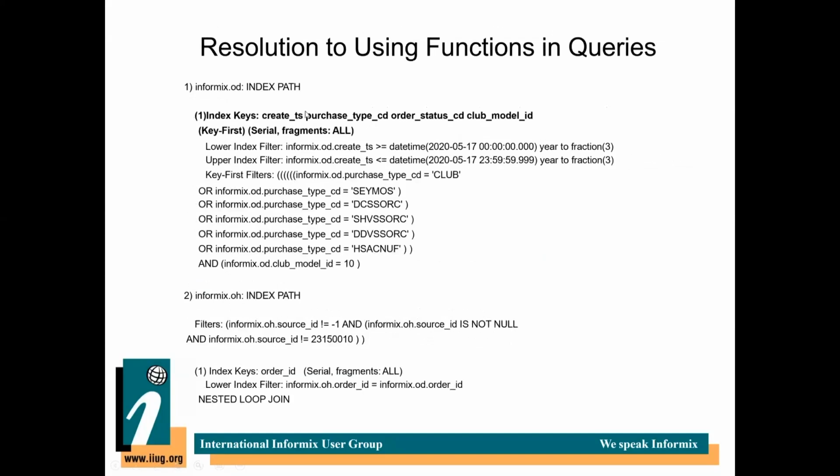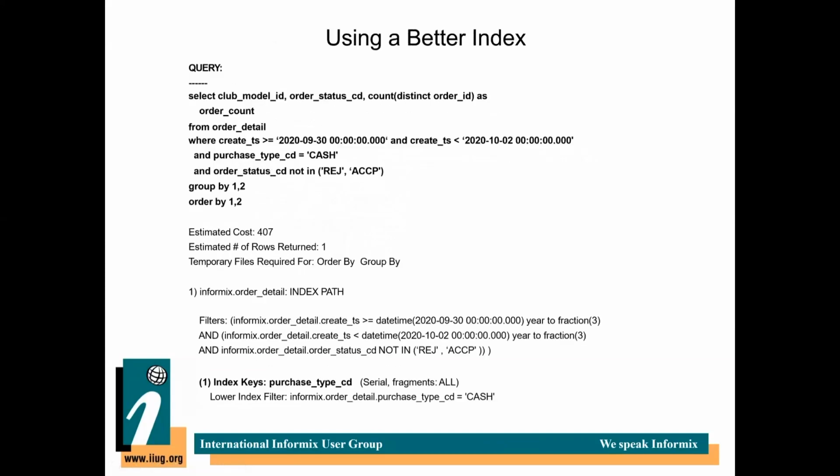Also what we did was, in that same query, we added another index to improve the query. So now the create TS field is the first column of that index, which made it run a lot quicker. Here's a case where you have to look to see if there's a better index to use versus what's out there currently.